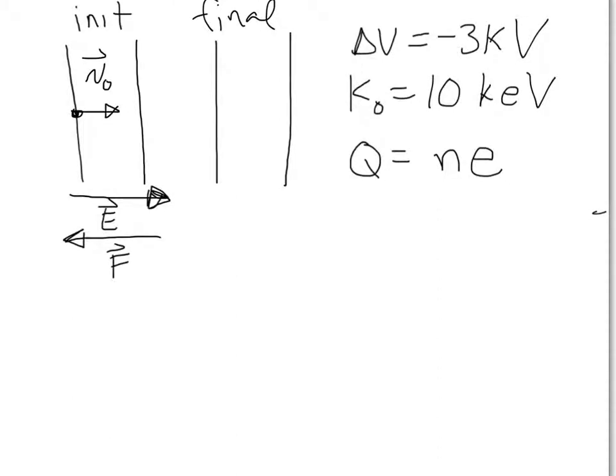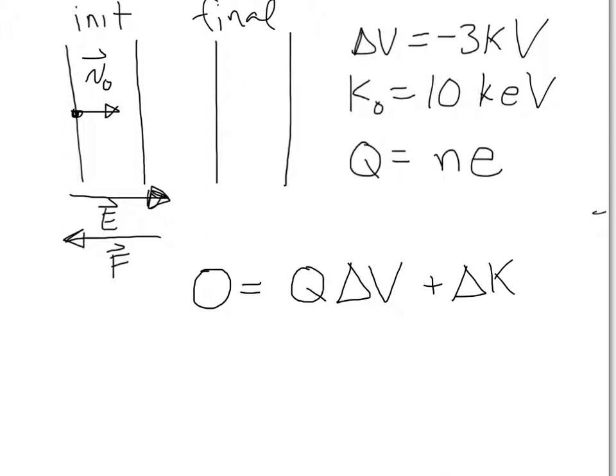First, we're going to apply conservation of energy. The total change in energy should be 0, and that is going to be the change in potential energy, the charge of the particle times its change in V, plus the change in kinetic energy.